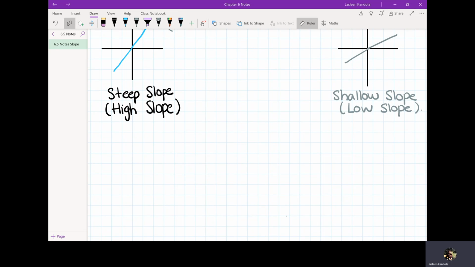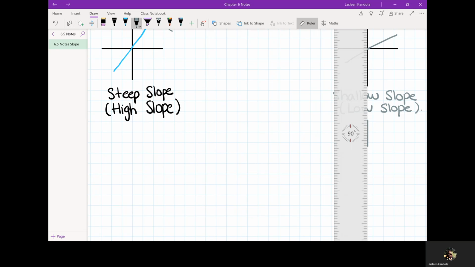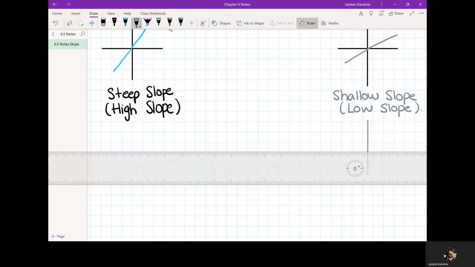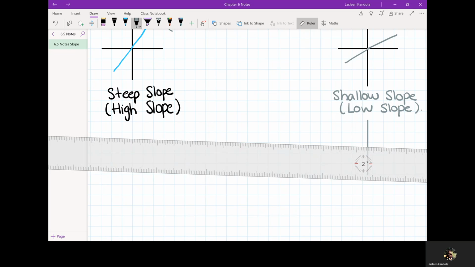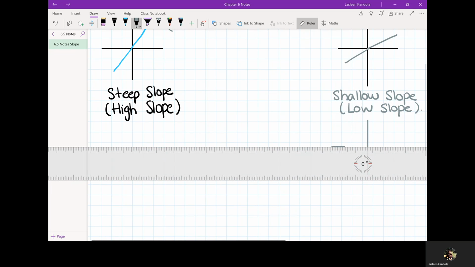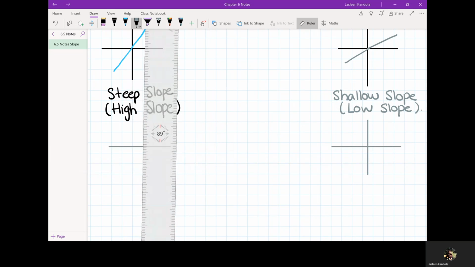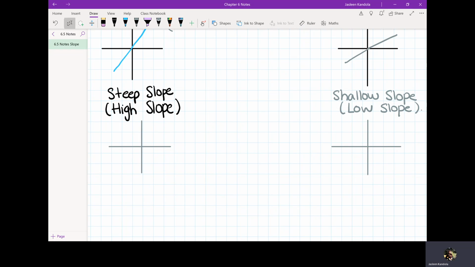So for instance, if we have this, we know this is a steep slope, but it's going downwards.